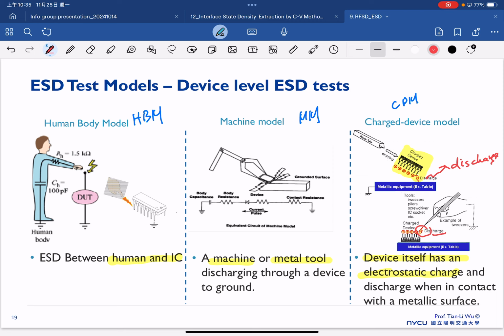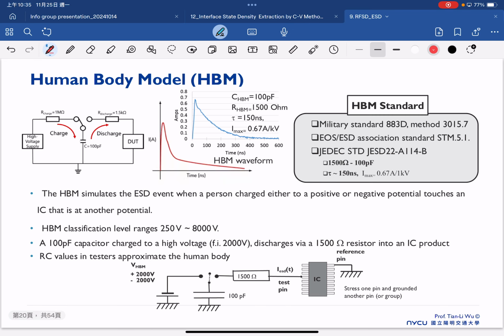The first one is the human body model. For the human body model, we need a certain circuit to simulate the ESD event when a person charged to either positive or negative potential touches an IC. This is our typical testing circuit for the human body model.